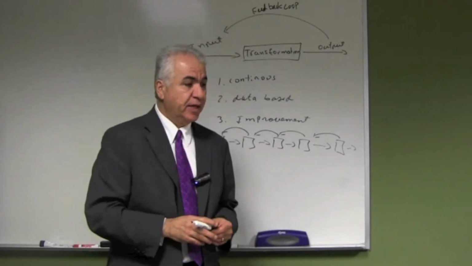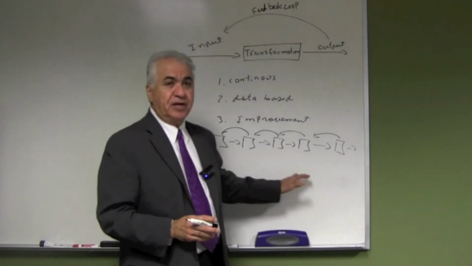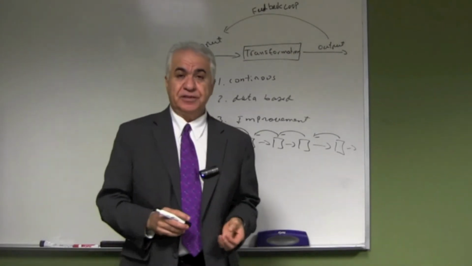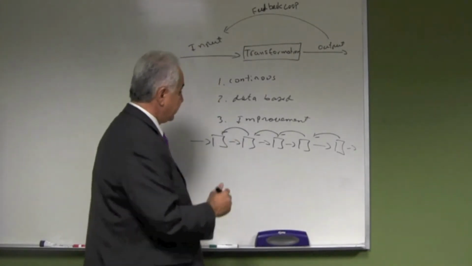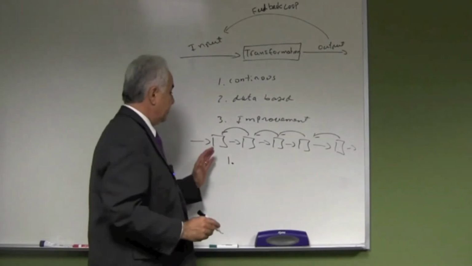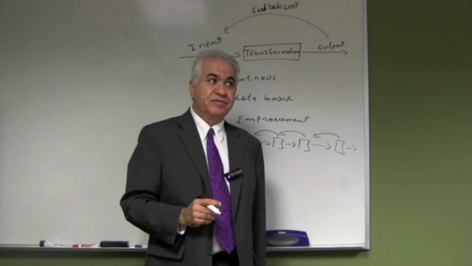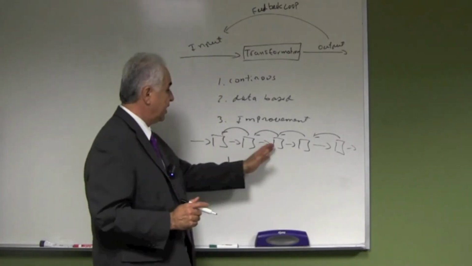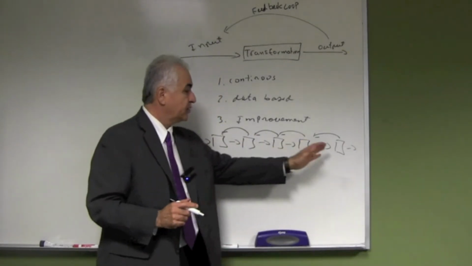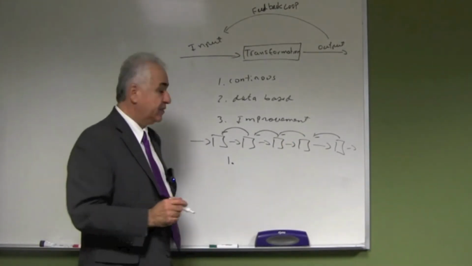is that these sequential processes exhibit two important characteristics. The first characteristic is that there are dependencies among the different stages of the process. This process depends on that, this process depends on that, and this process depends on that.